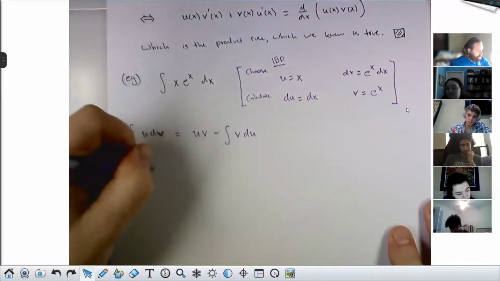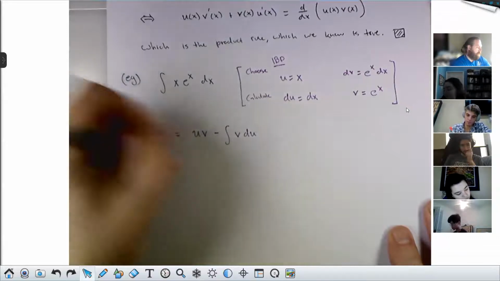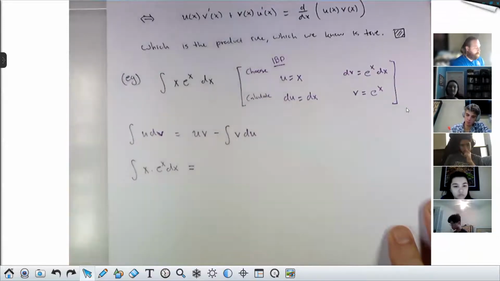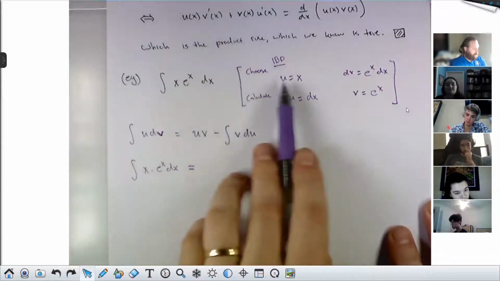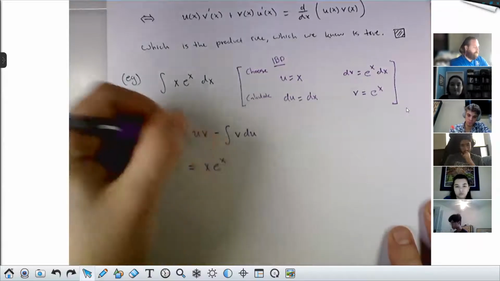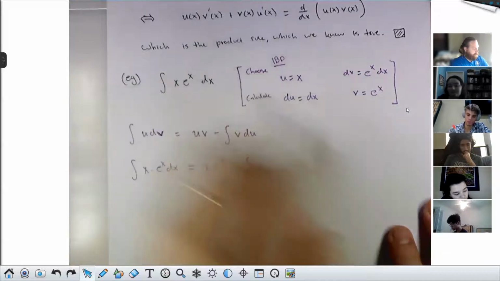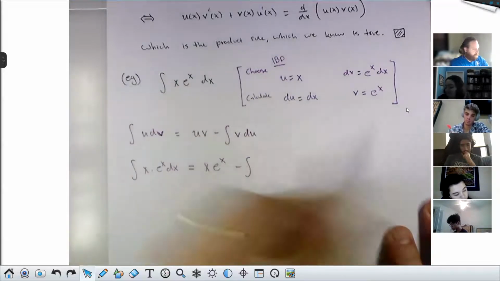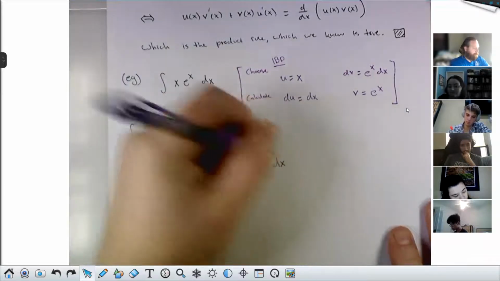That's x times dv, which is e to the x dx. And according to my formula, my integration by parts formula, this should be equal to u times v, which is x times e to the x outside of the integral, minus the integral of v times du. Now v is e to the x, and du is just dx.